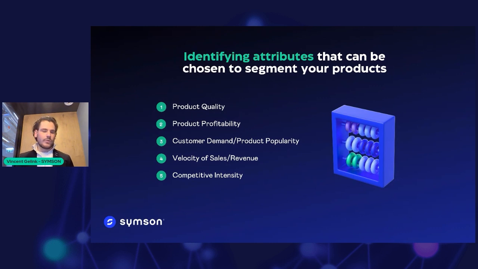The fourth one that could be applied is the velocity of sales and revenue. So here we are looking more into the fast movers and the slow movers. So it's a separation of your products and services that you are selling in that sense. And the final one that we can do, and that is something that we see more and more, for instance, in commodity markets, is that we are going to assess the competitive intensity.